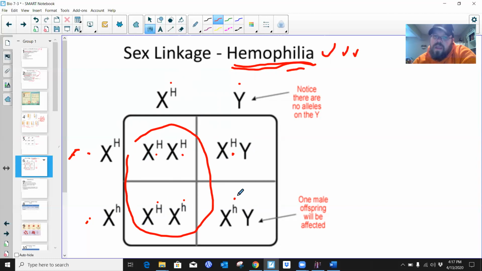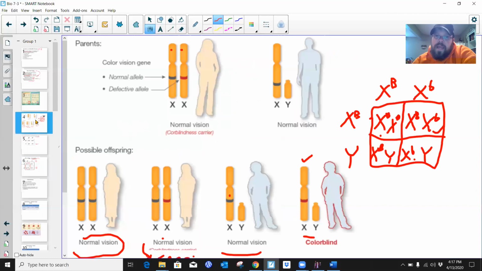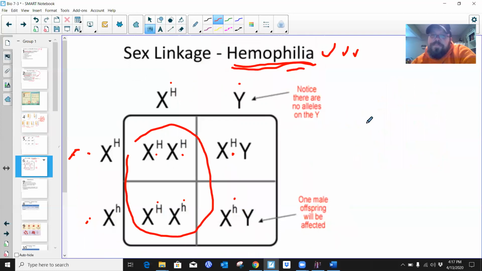There's no such thing as the carrier concept, right? So same kind of scenario as what we saw with color blindness. The same with hemophilia: inheriting these characteristics, it is more likely that you would see it in males than in females.